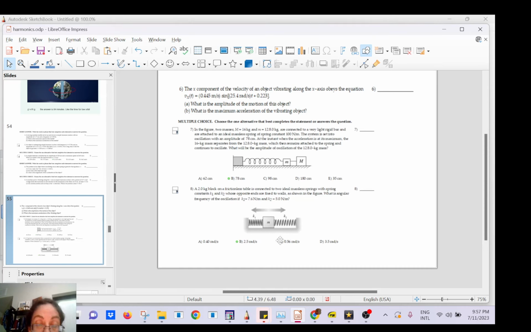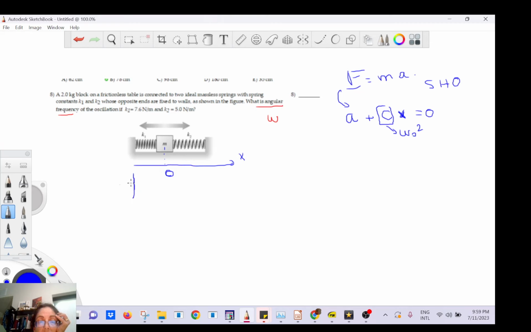So let's see if we can find that equation here. Let's say we start from here. Here it's happy, so that will be its equilibrium position. And then now I am pushing in this direction, pulling. So now the mass is going to be here, and this one is going to be squeezed.